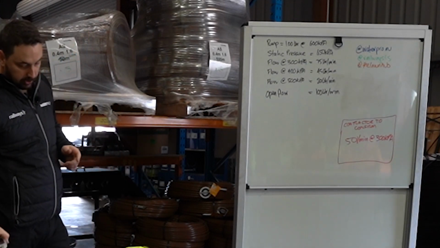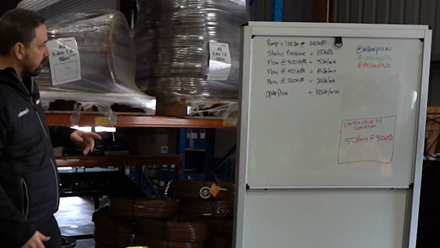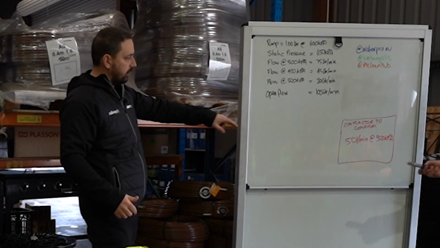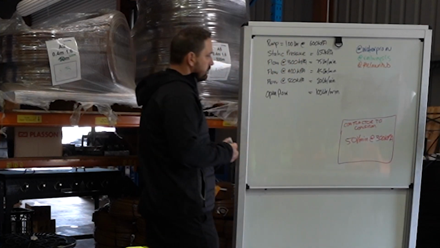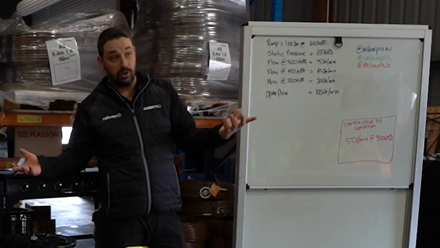What that allows us to do, and I don't know if you guys have seen pump curves or not, is graph this out to be able to work out a system, and for you guys to work out your system.